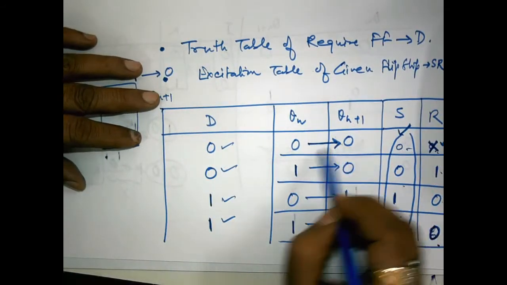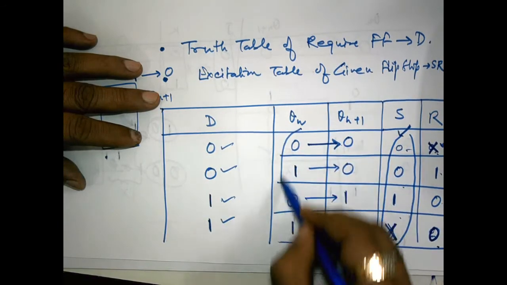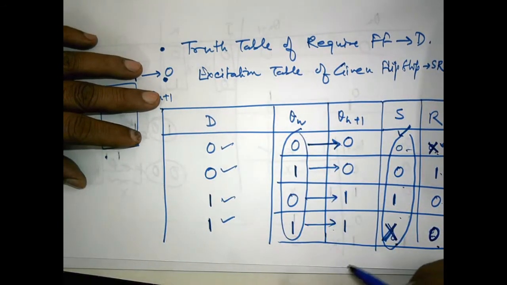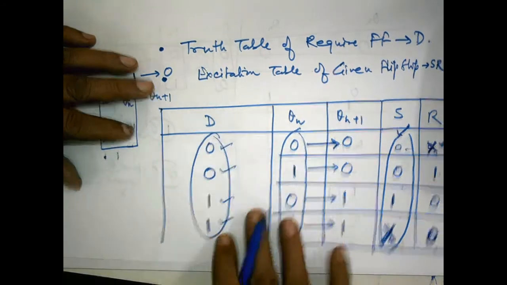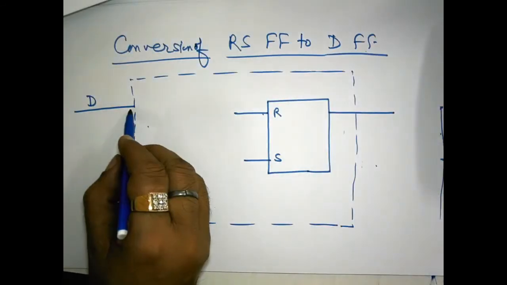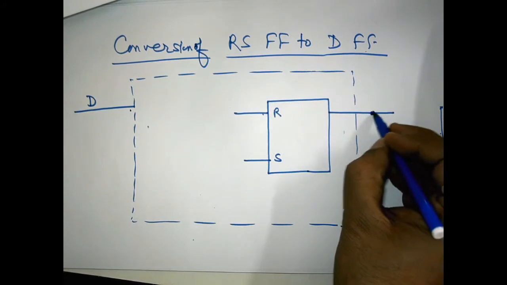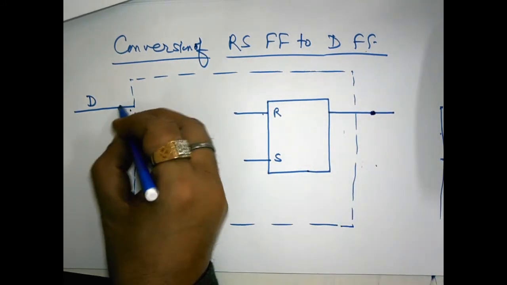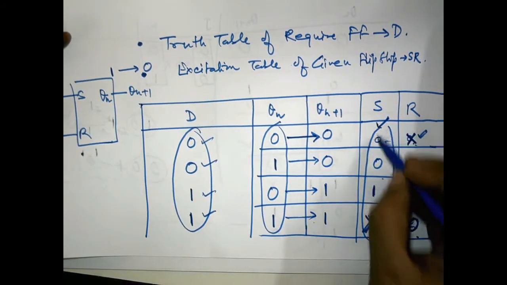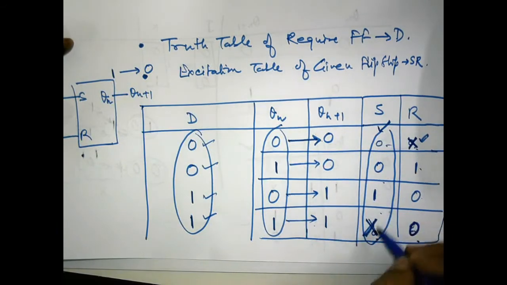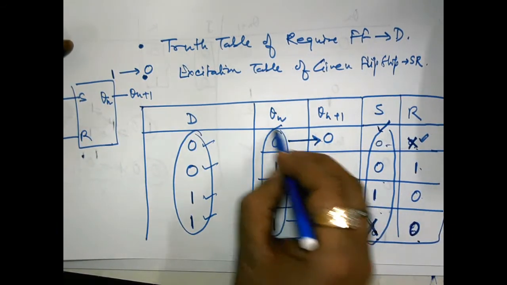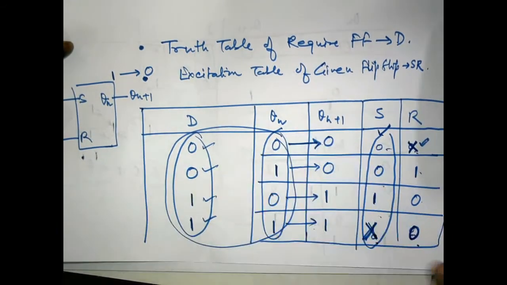On the occurrence of these transitions, we have this input available with us as an external input. We have this Qn available with us. We have D available with us. What we have to apply at this S input is now an output with the combination of these two inputs. Getting my point?